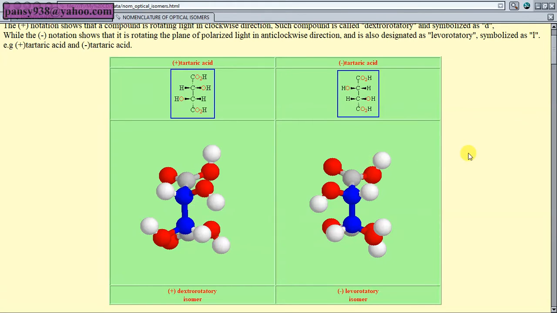This system is based on experimental facts. So from now you are clear about what the plus and negative, or dextrorotatory and levorotatory, mean.